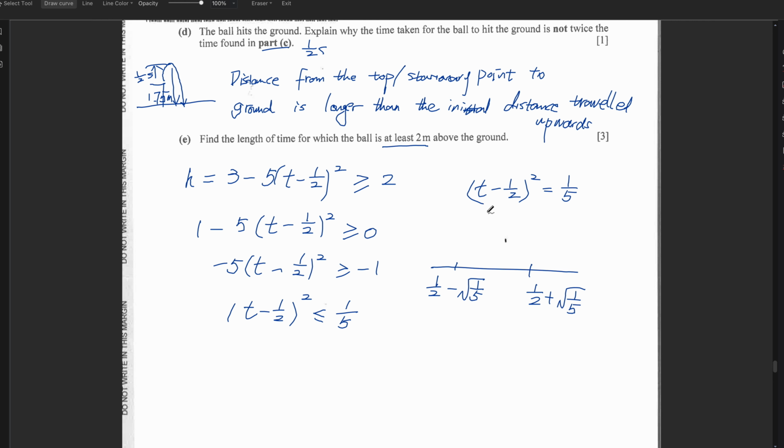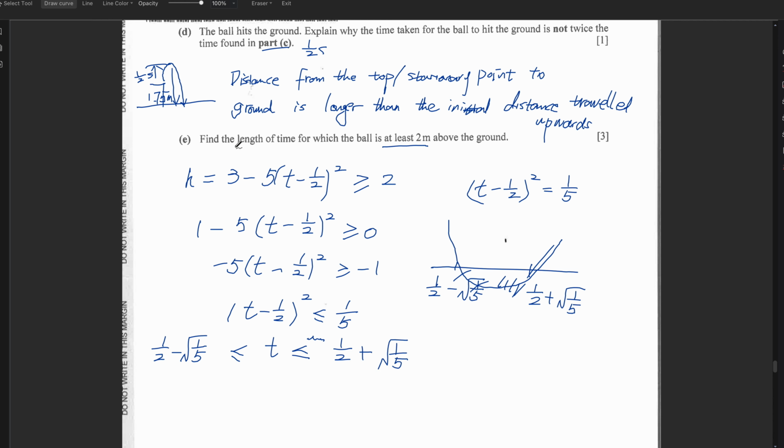Because the graph is a U-shaped graph and we are looking at smaller, t needs to be greater than or equal to half minus square root 1/5 and smaller than or equal to half plus square root of 1/5.